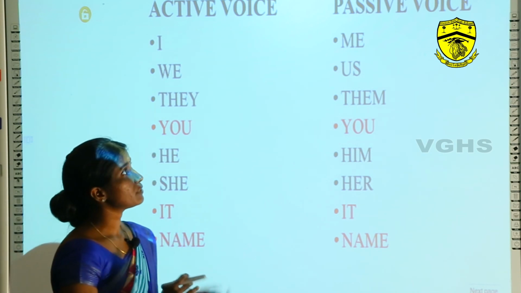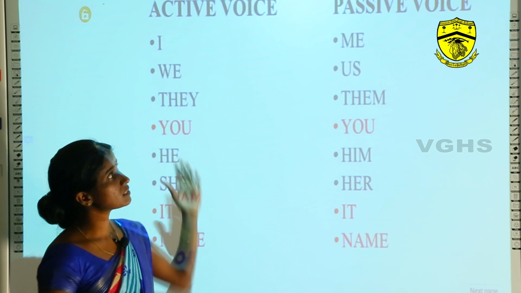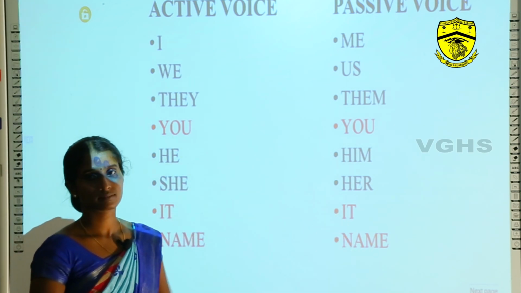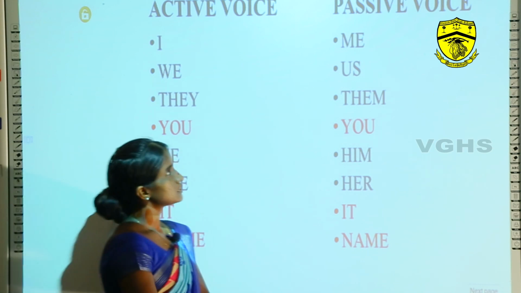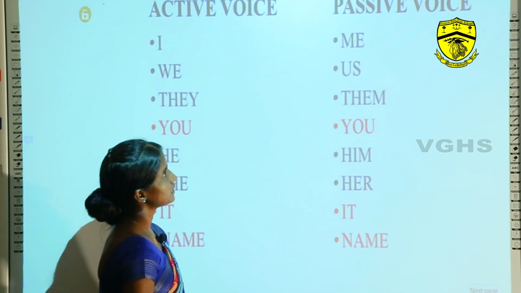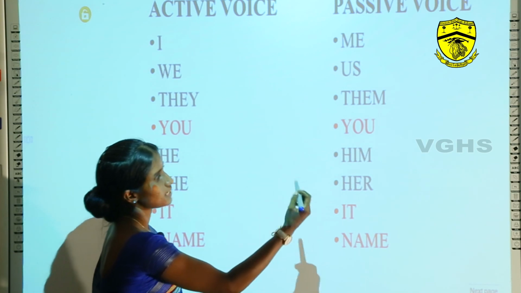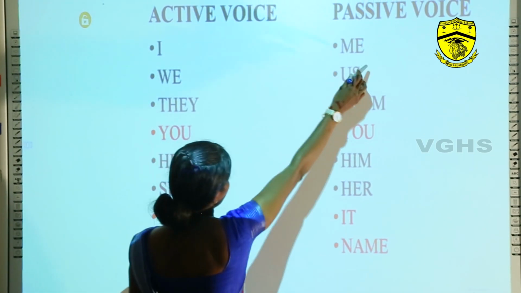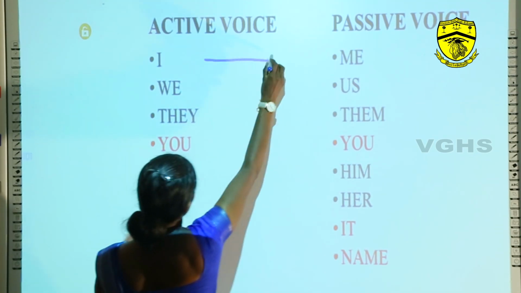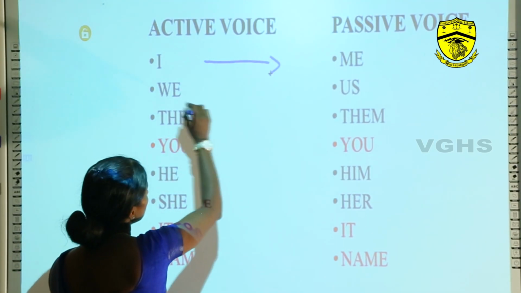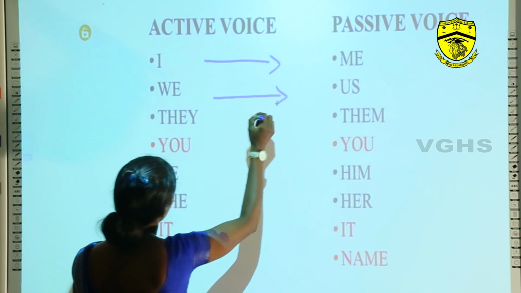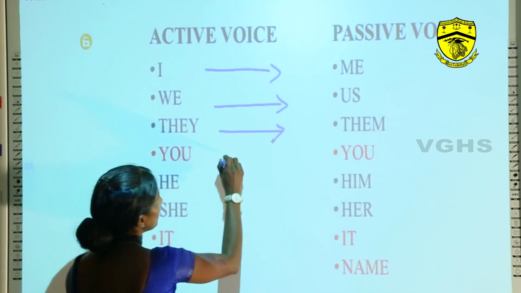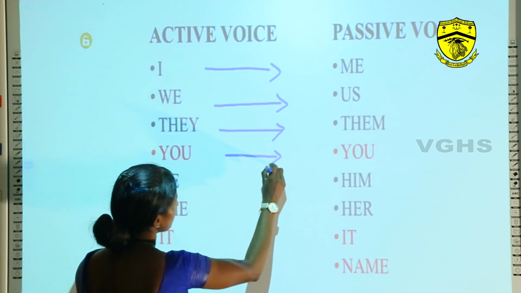Here, when we are converting to passive voice, the subject changes into the object. When the subject changes into the object, I becomes me, we becomes us, they becomes them, but you remains you.